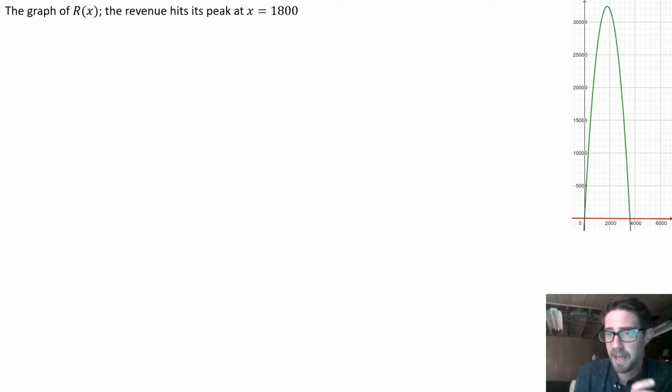We would never go past that because it starts becoming negative. But the graph just shows you that right around 1800, that's when you're making the most revenue, if you sell exactly 1800 iPhones.